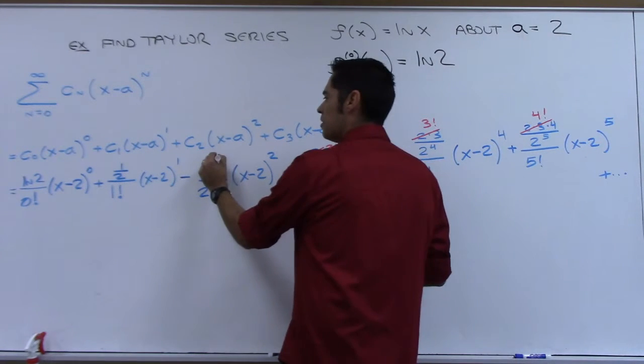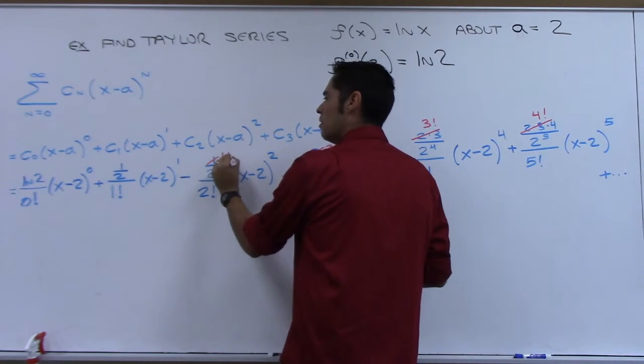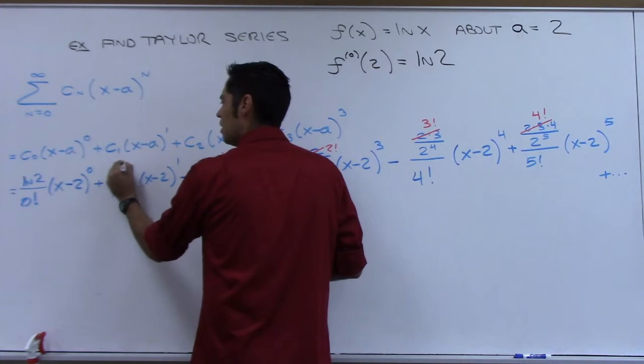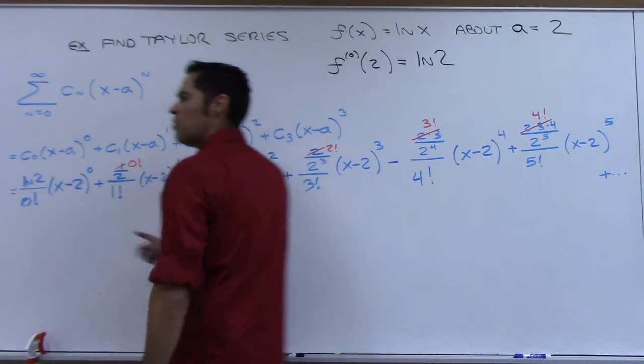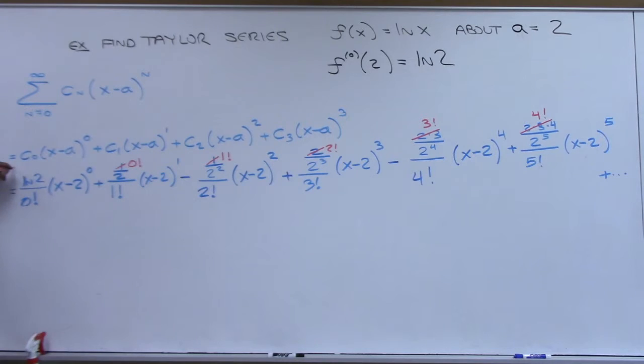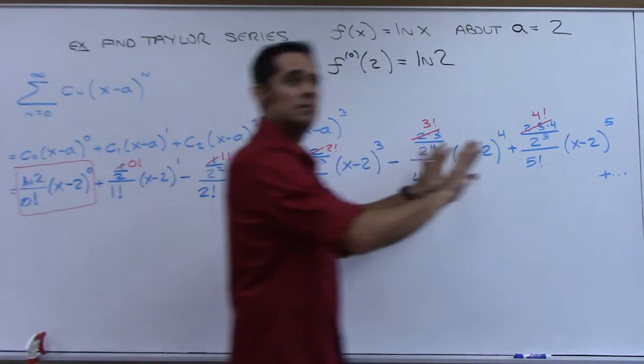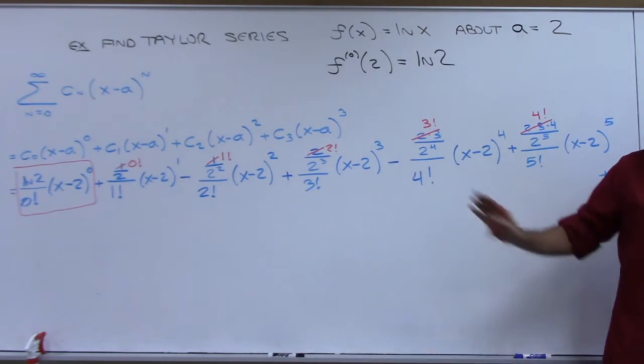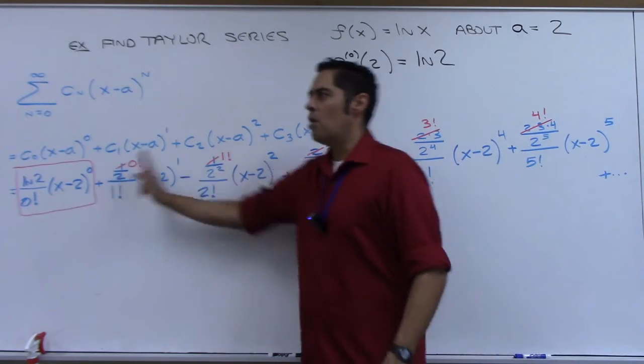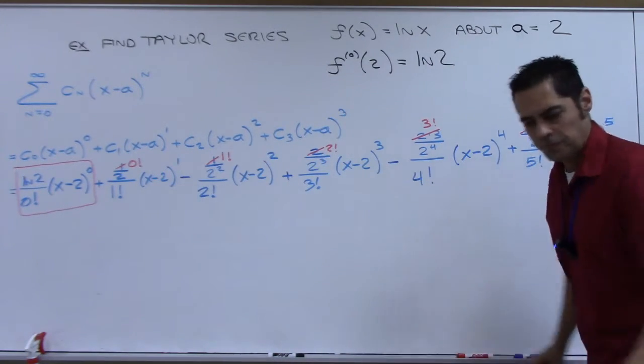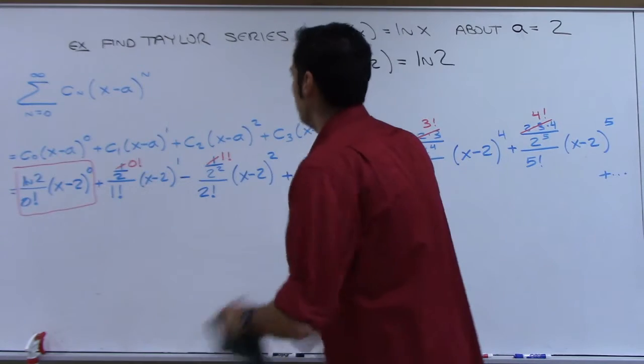This right here is 1 factorial, and this one right here is 0 factorial. And then this one right here, this didn't follow my pattern, so it's isolated by itself out here. I'm going to try and come up with a formula for everything from here on. See if you can do it with me.